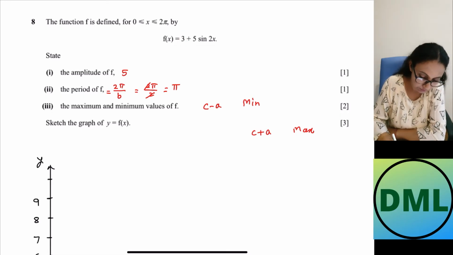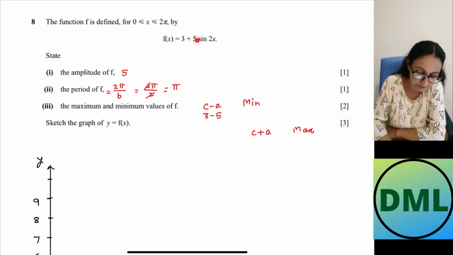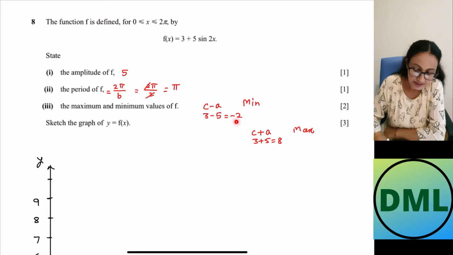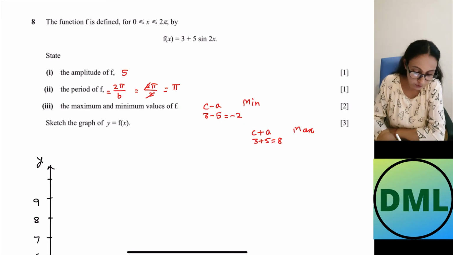So it will be 3 minus 5, which is a. What is a? A is our amplitude, which here is 5. 3 minus 5 is minus 2, and 3 plus 5 is 8. So our minimum value is minus 2 and our maximum value is 8. I need to cross check this while plotting our graph.